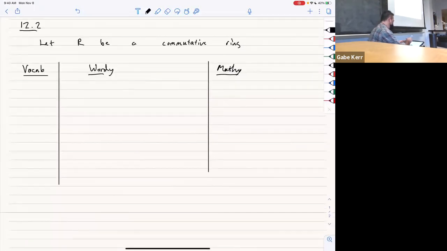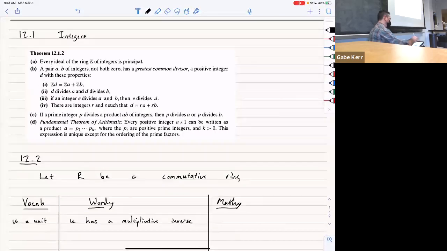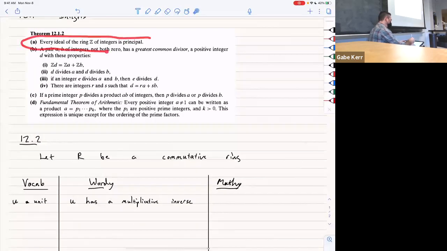First notion is a unit, and we've already defined a unit. Everything is in R. U has a multiplicative inverse. Now, let's look back at the vocabulary of ideal.